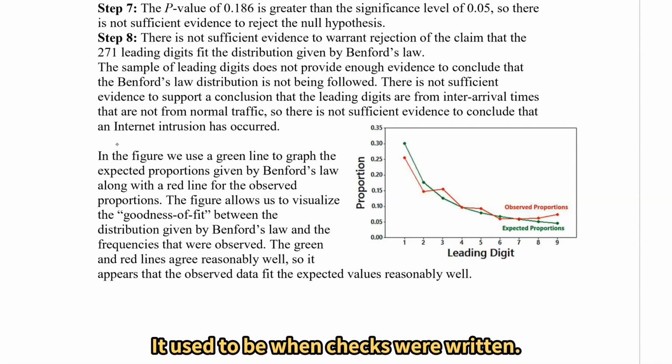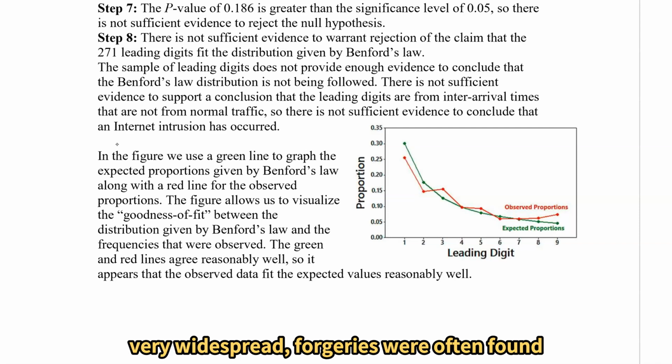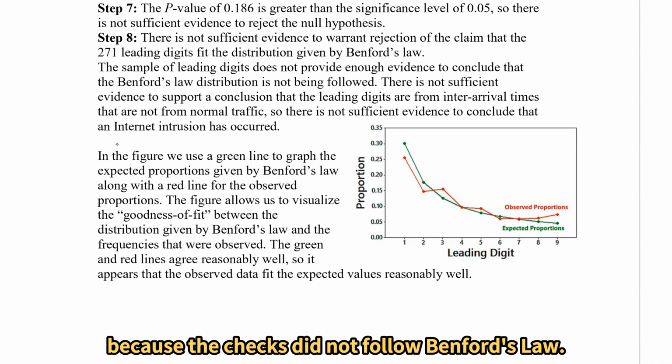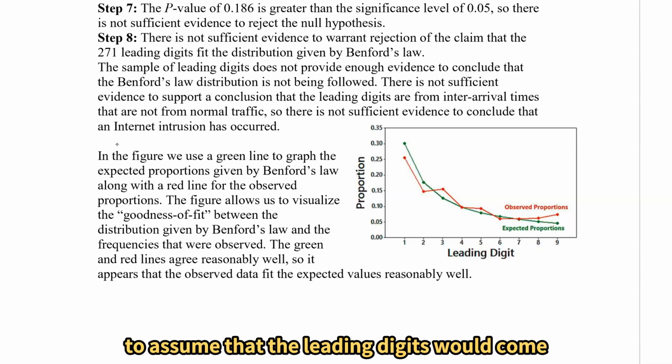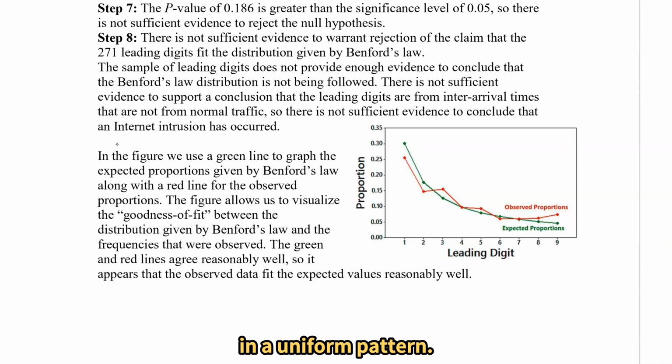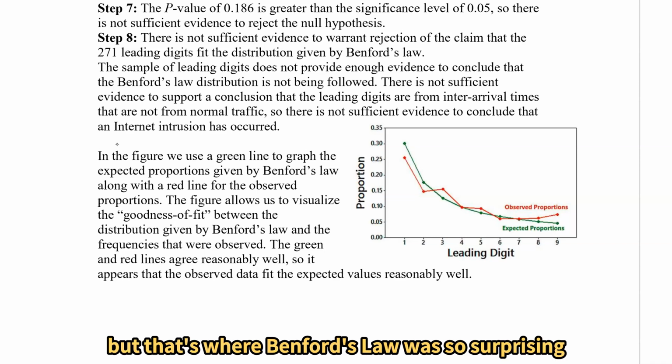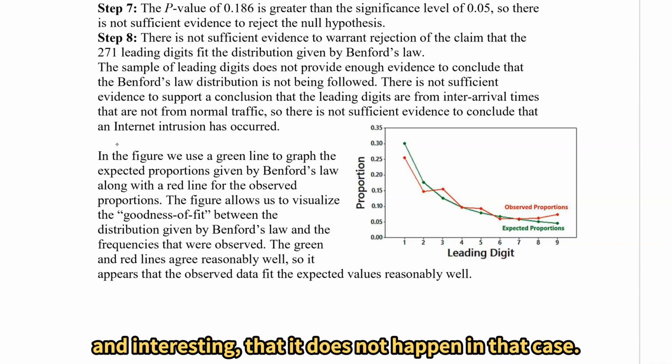It used to be when checks were written very widespread. Forgeries were often found because the checks did not follow Benford's law. So it seems natural to assume that the leading digits would come in a uniform pattern, but that's where Benford's law is so surprising and interesting, that it does not happen in that case.